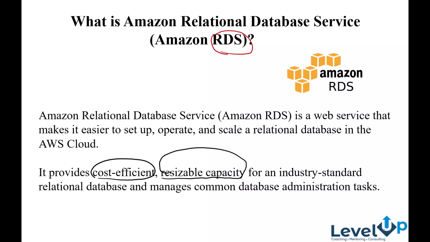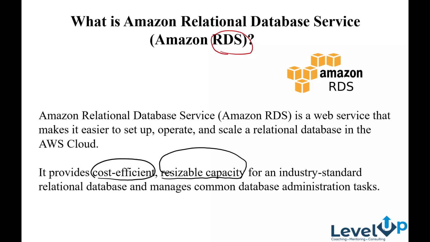With the help of Relational Database Service, there are a lot of common tasks that a database administrator has to do, like taking backups, making sure the database is highly available, and increasing the storage space whenever it is required.